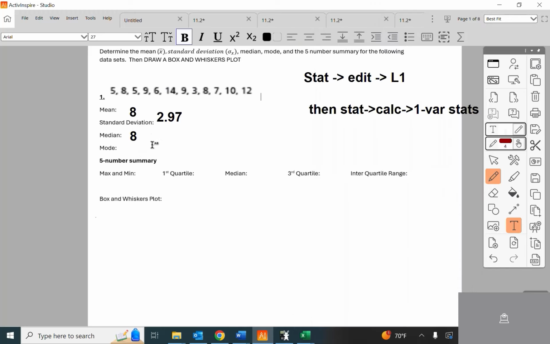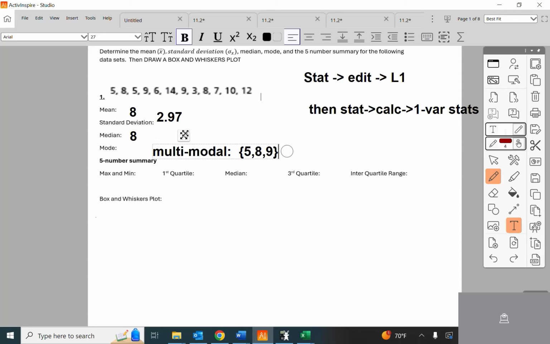Interesting one. I tend to miss these for some reason. But it's multimodal. It doesn't have a single mode.